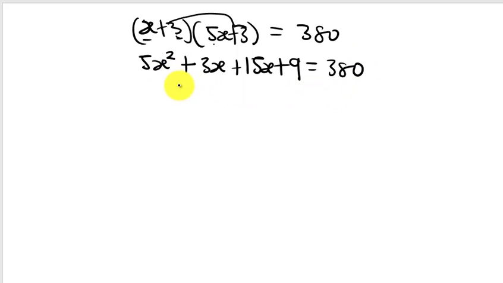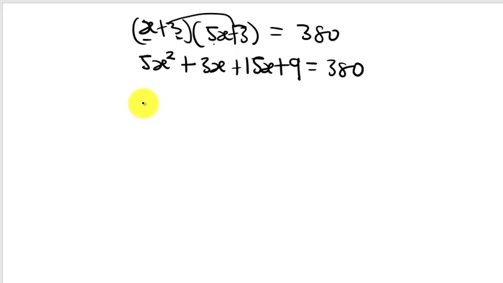Because the highest exponent in the equation is 2, that is, the exponent for x is 2, it means that the equation we are having there is a quadratic equation. So let's arrange that in the general form of a quadratic equation. That is, the squared term will come first, followed by the x term, and then the constant.